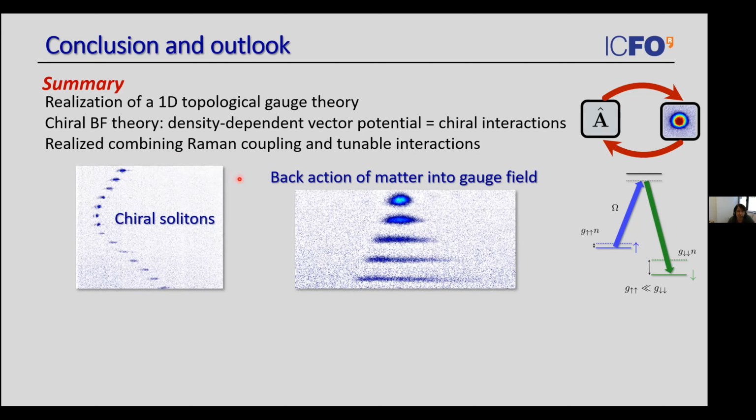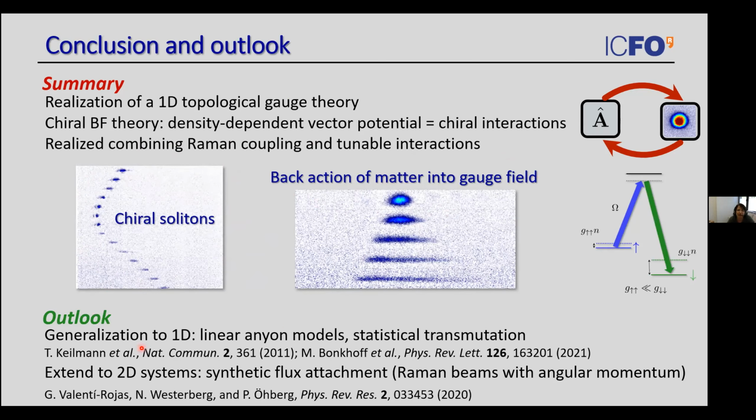And we observed the two main manifestations of this theory. On one hand, the chiral soliton solutions that exist for the matter field, and on the other hand, the fact that there is back action between matter and gauge field. And now this opens the door to many new experiments that we are now starting to plan. One thing is that we can go to one-dimensional systems.